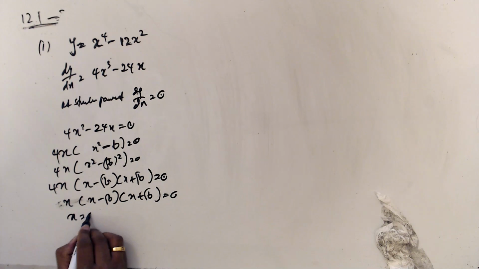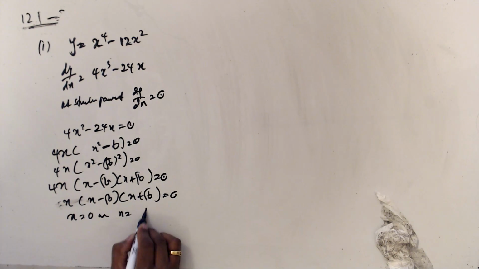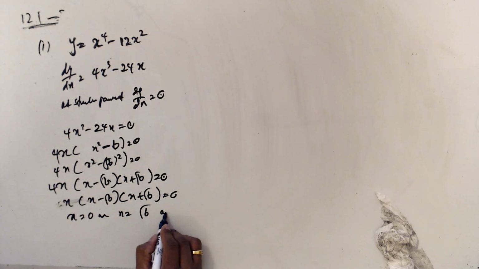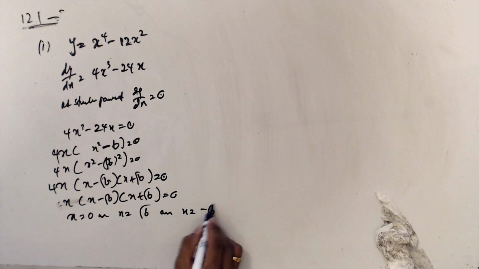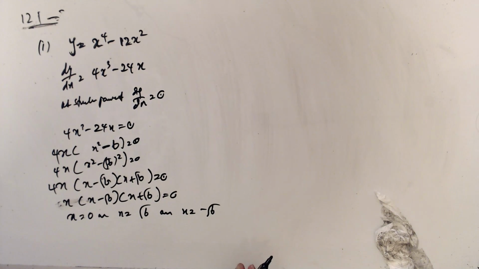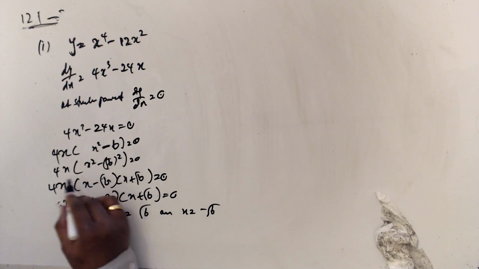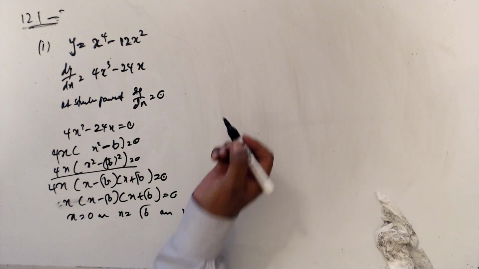So x equals 0, or x equals square root 6, or x equals minus square root 6. There are three points.